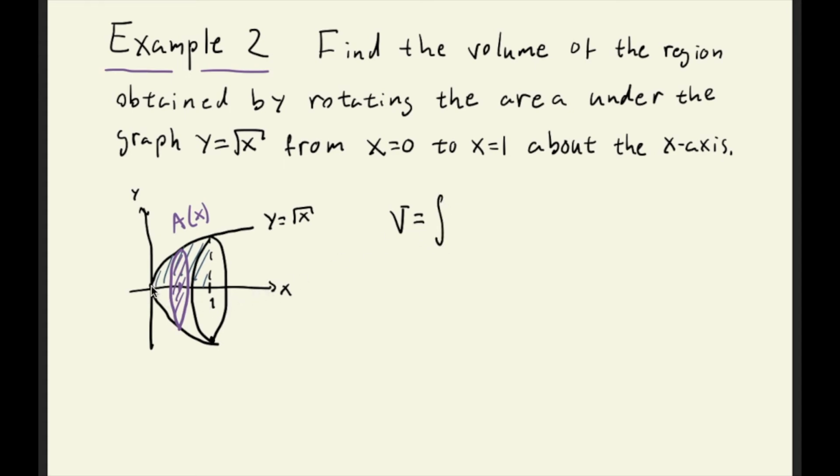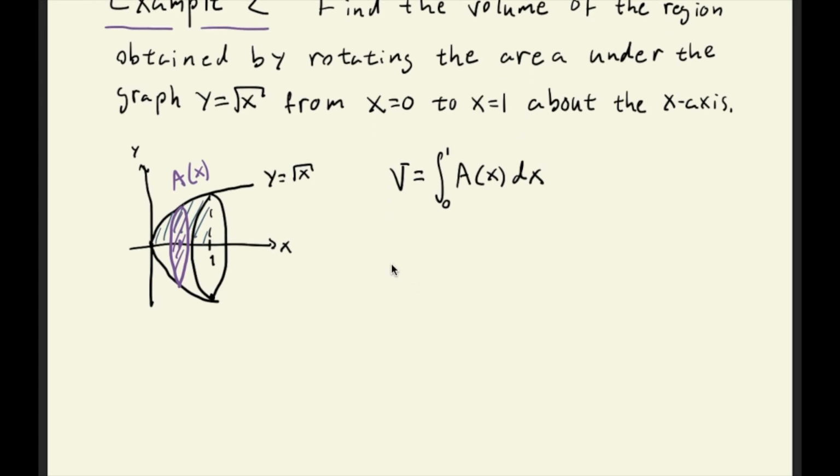The smallest value of the x variable in your region is x equals 0 right here at the origin. And the biggest value of the variable x is x equals 1 right here at the top. Okay? So you integrate from 0 to 1 the area of this cross section dx. So as long as we find a formula here, we can compute this volume.